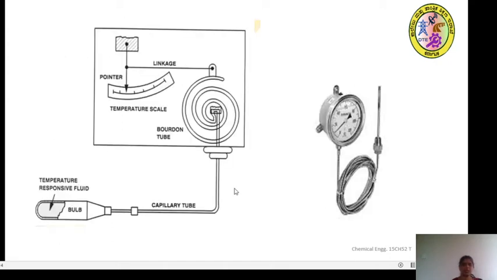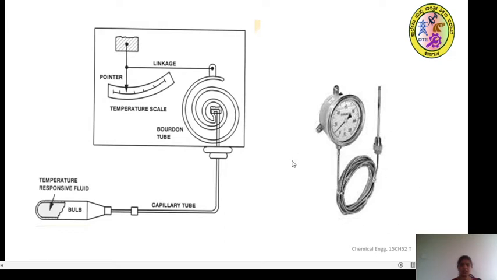This is the liquid filled thermometer. You can see this is the model, how it exactly looks. It consists of a bulb. The capillary tube is connected to the bulb. The capillary tube is in turn connected to the Bourdon tube. The Bourdon tube, with a linkage, is connected to the pointer, and the pointer moves on the temperature scale.